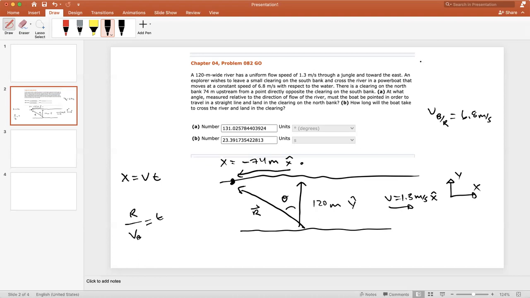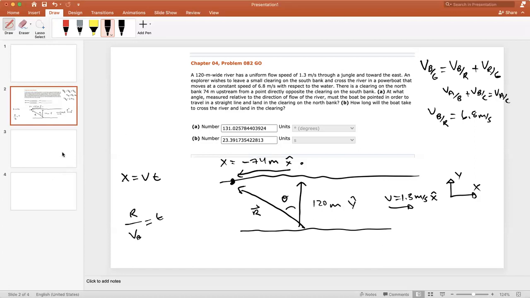So the velocity of the boat relative to the ground is the velocity of the boat relative to the river plus the velocity of the river relative to the ground. Remember that V A over B plus V B over C gives you V A over C. The B's cancel out, right? That's how we do relative velocity.